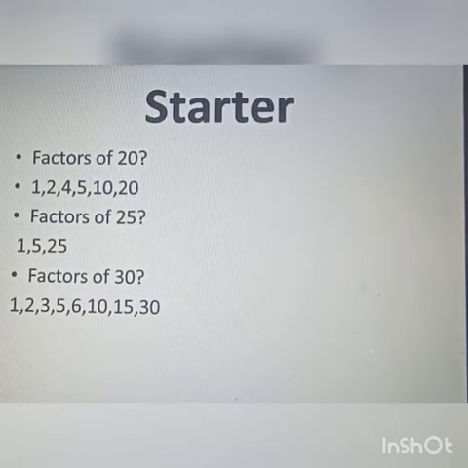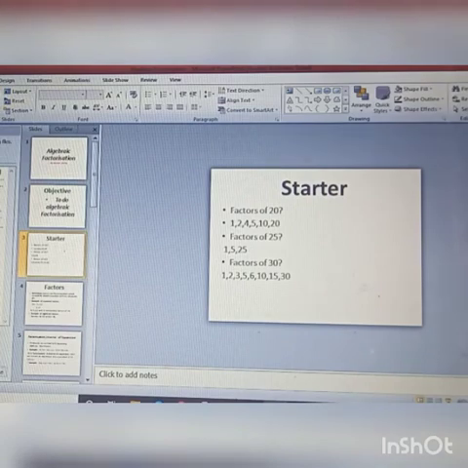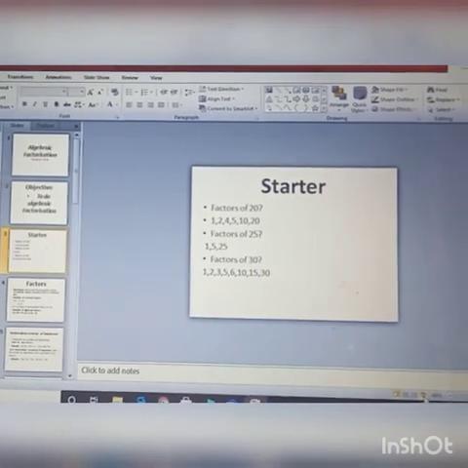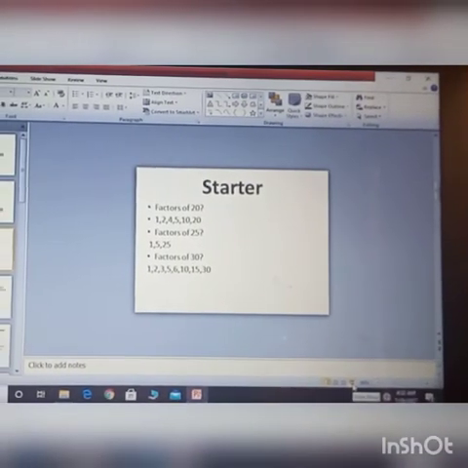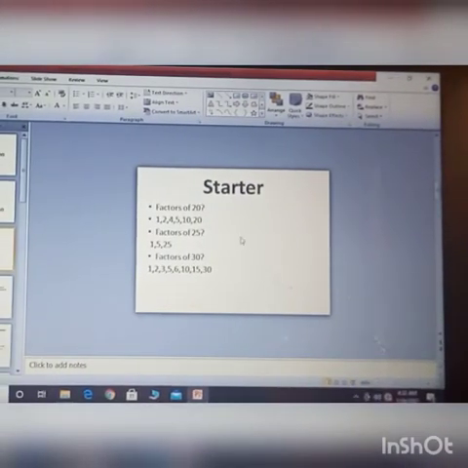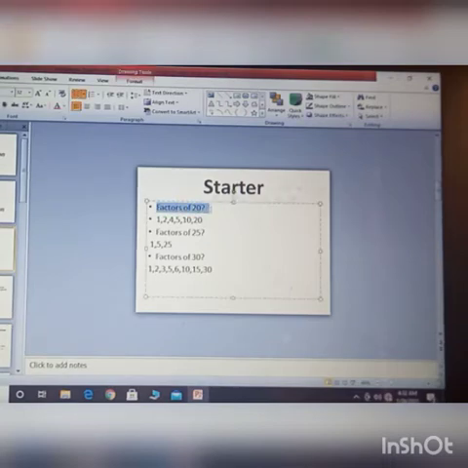I will start here with a small example, and let me show you this in a small screen. Yes, so here it is written that if someone asks you what are the factors of 20, you need to understand what is the meaning of factor. Factors are those numbers which can divide a number completely with no remainder left at the end.